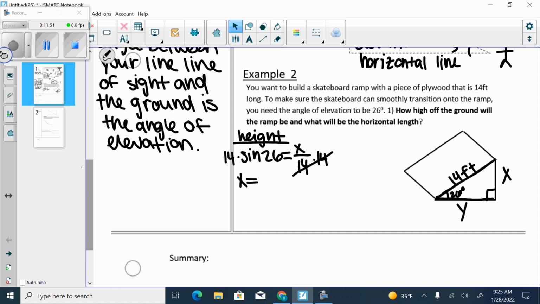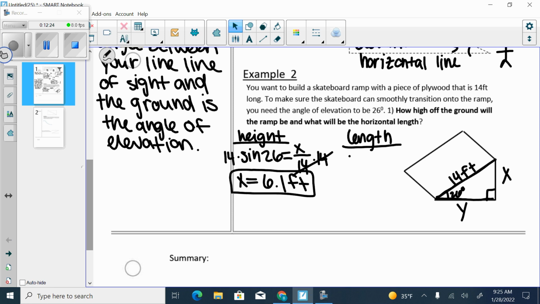So x is approximately, okay. And this is in terms of feet, right? All right, so we found height. Now we just need to find the horizontal length. Okay, so still using that same angle 26, what is y in reference to that angle? Adjacent. And we still have hypotenuse, so which ratio should we use?